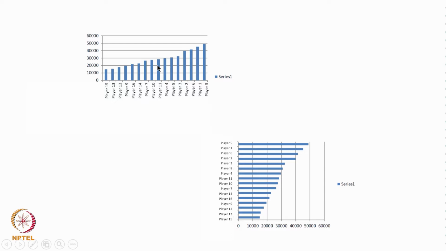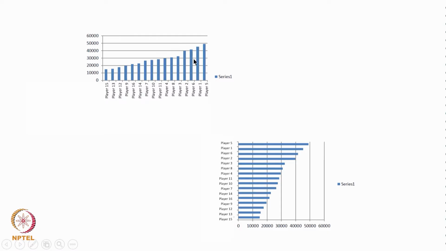If you observe carefully in this vertical bar chart, the players are already sorted from the smallest number of votes polled to the largest number of votes polled, and similarly there is also a sorting from the largest number of votes polled to the smallest number of votes polled in this. Now, such a chart is called a Pareto chart.